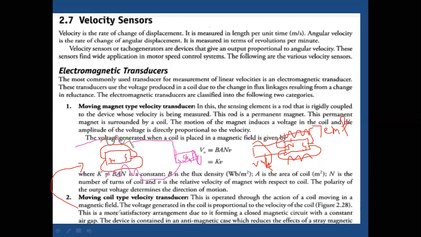This EMF is measured by a separate voltmeter, which is converted into a digital analysis. This is the moving magnet type velocity transducer and the moving coil type velocity transducer.